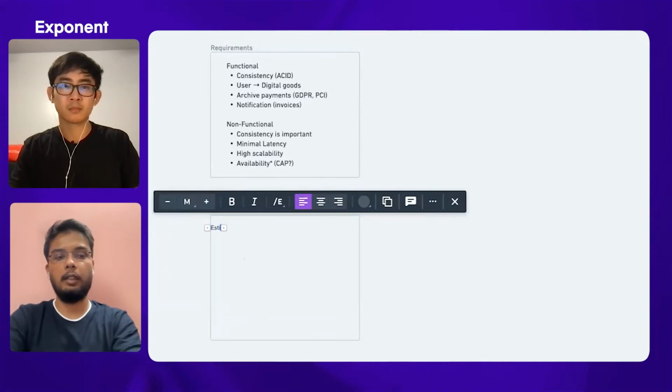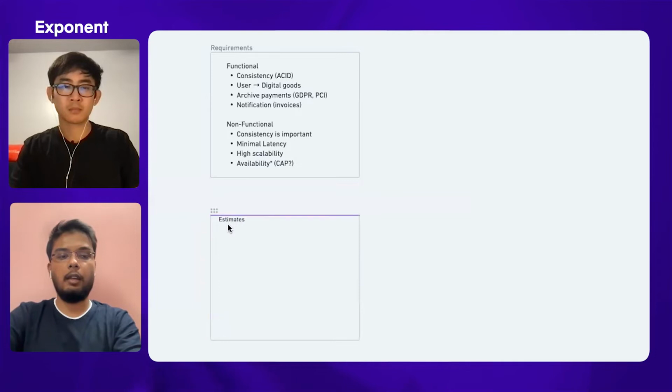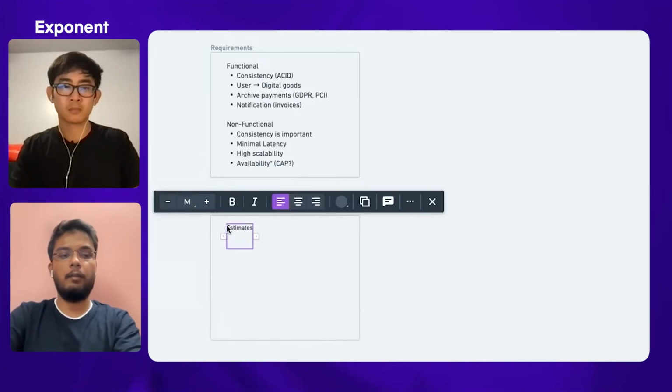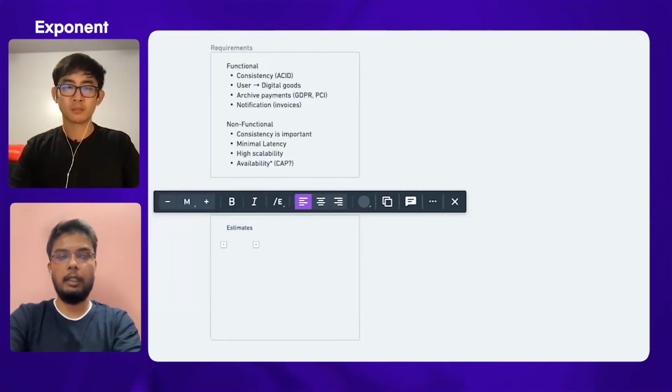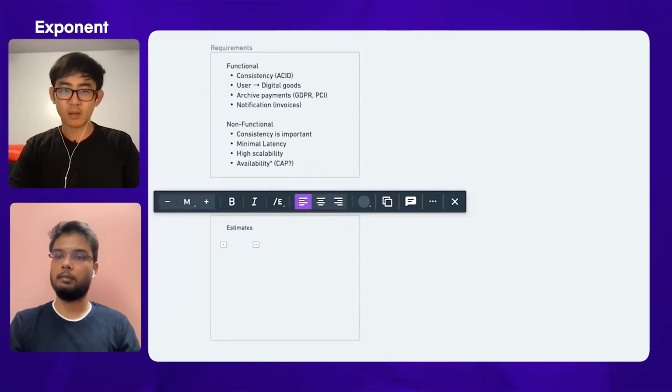Okay, so estimates. I'm going to start with, let's say, how many daily active users do you think our system will have? 10 million, 50 million? Sure, let's say tens of millions.